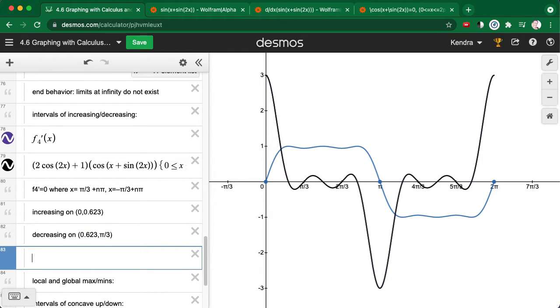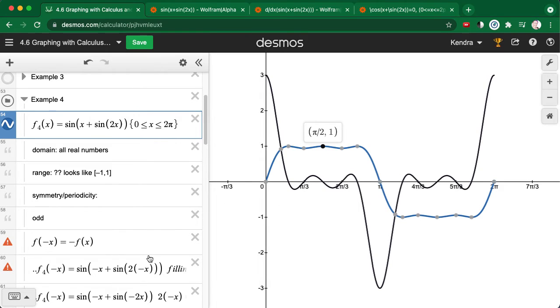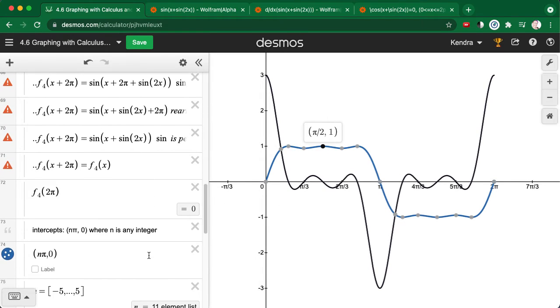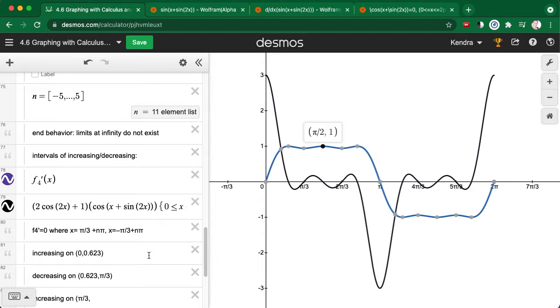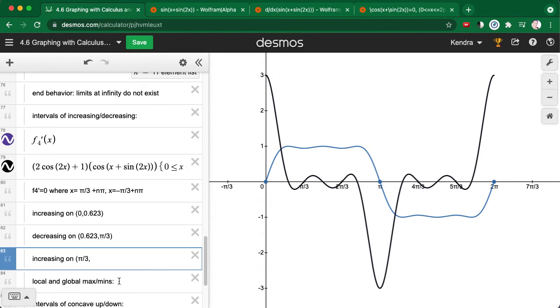And then increasing on the interval from pi over 3 to pi over 2.